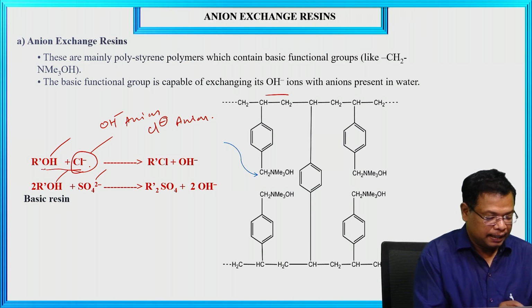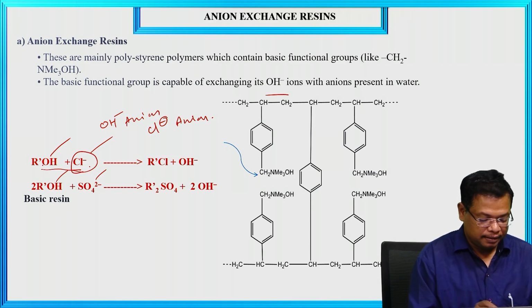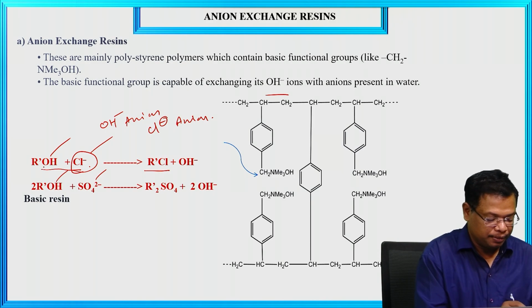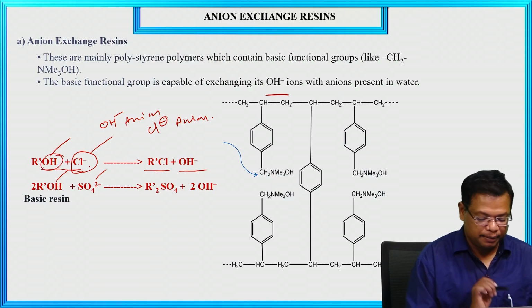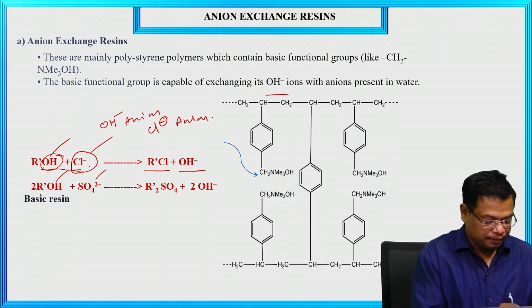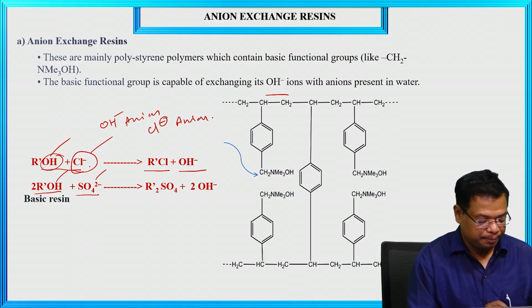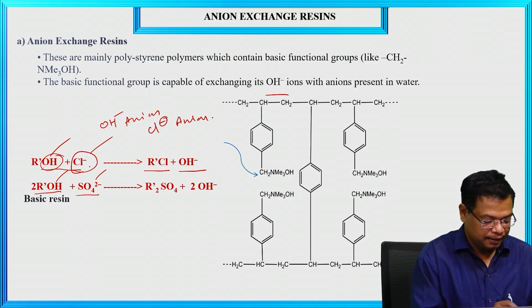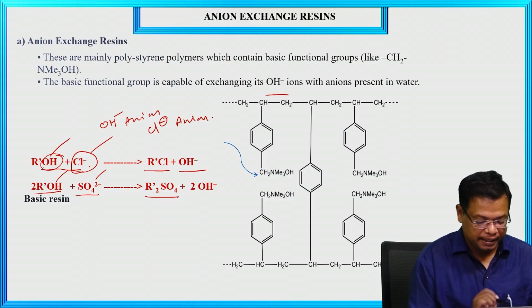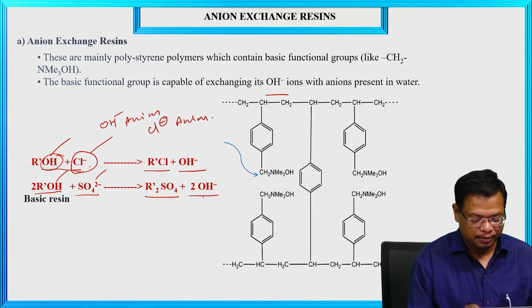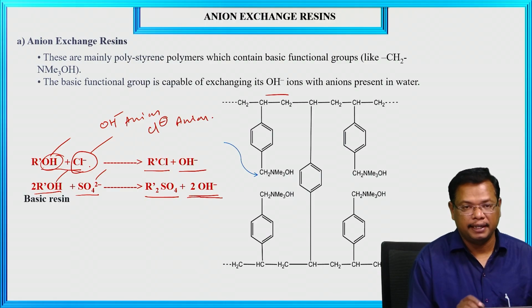hard water and resin, then the Cl minus will come to this place. OH minus will be removed. Here, see, sulfate ions are removed by this polymer resin. Anion exchange is happening here. OH minus ions are released.